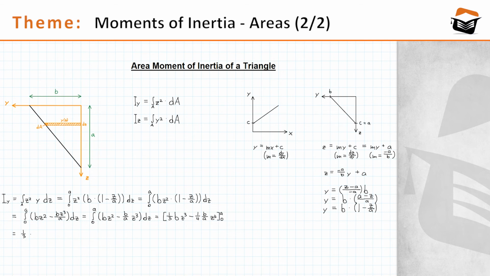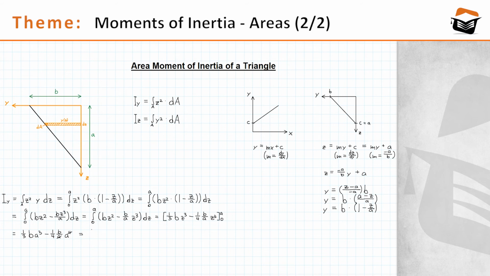1/3 times b times a to the third power minus 1/4 times b over a times a to the fourth power. And this a reduces the fourth power by 1.